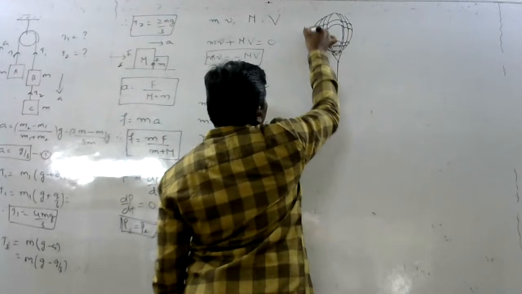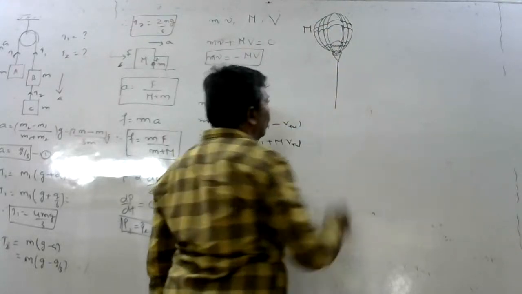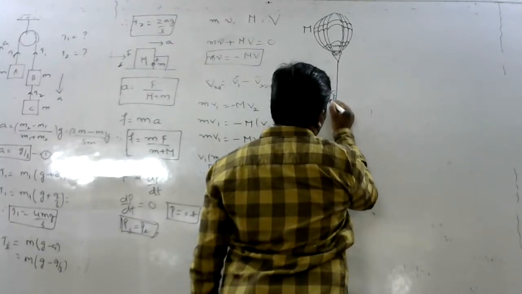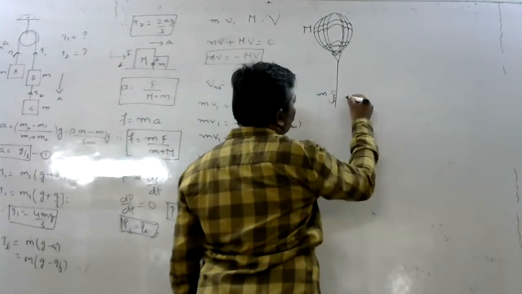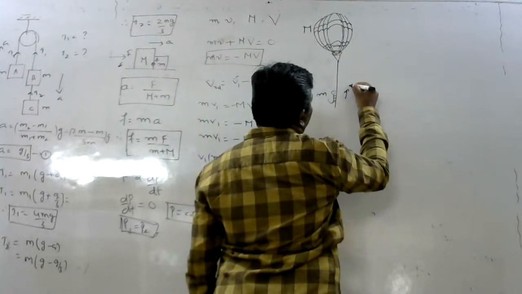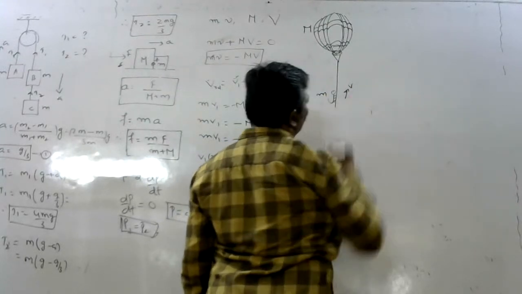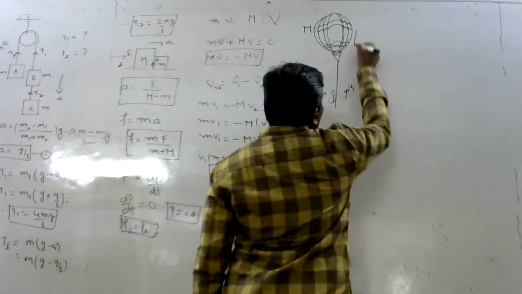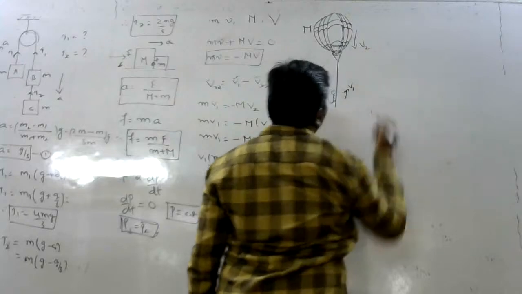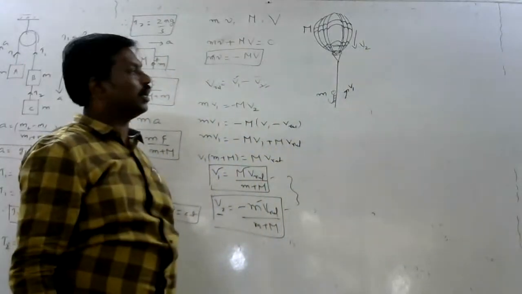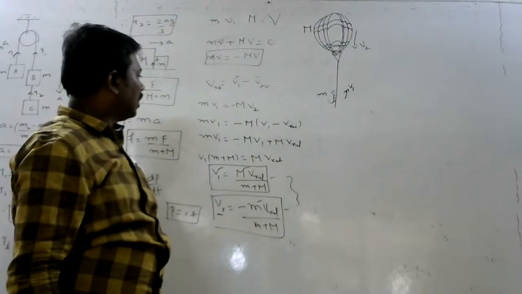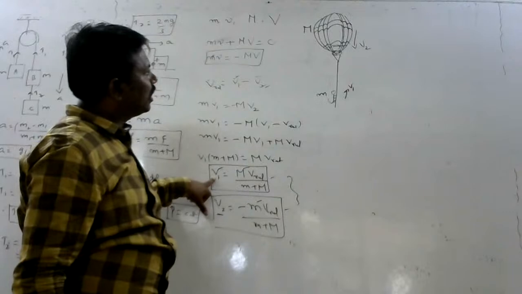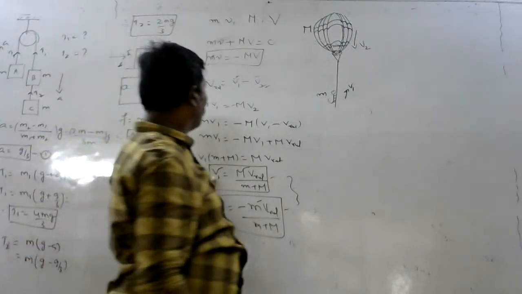Here consider a parachute of mass capital M. If a monkey of mass small m climbing up with velocity small v or moving with velocity v1, then balloon will move downwards with v2. So find the velocity of monkey with respect to the balloon.